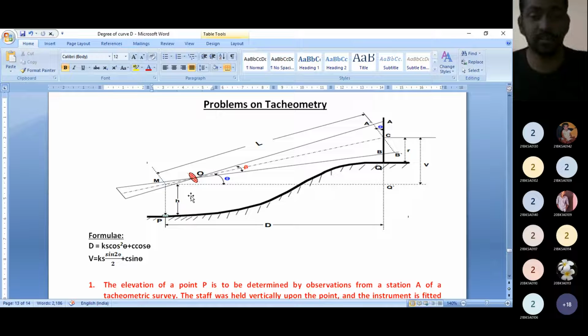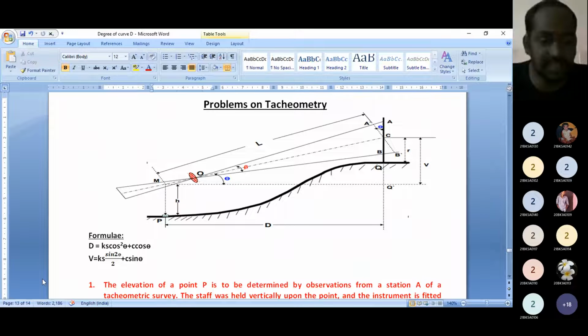P is the point, which may be a benchmark. The benchmark is used to know the height of the instrument or the reduced level of the instrument axis. D is the horizontal distance between the instrument station and the object station Q. And V is the vertical distance from the instrument axis to the object.